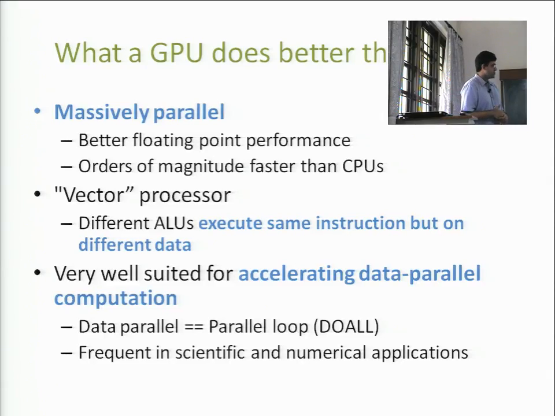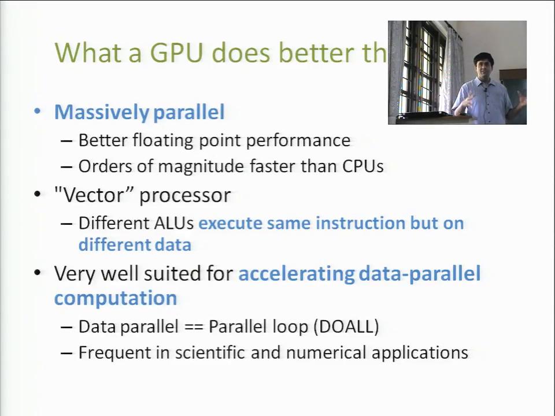Okay, so from what we've learned, just a short recap. What do GPUs do better than a CPU? They are massively parallel, with orders of magnitude more parallelism than CPUs, and they have better floating point performance. That floating point performance is in terms of flops, so teraflops compared to somewhere in gigaflops. It's a vector processor, like I said.